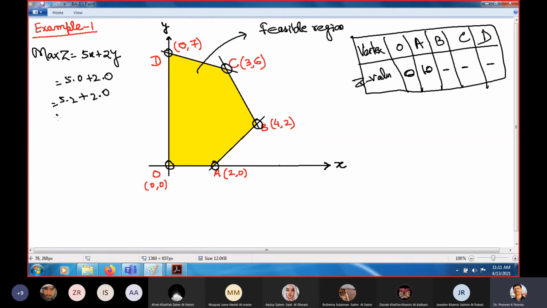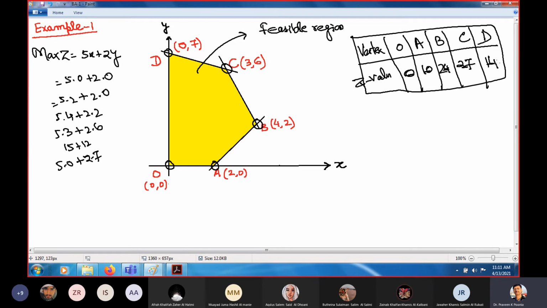B: 4, 2. 5 into 4 plus 2 into 2: 20 plus 4, it is 24. Now C: 3, 6. 5 into 3 plus 2 into 6: 15 plus 12, 27. D: 5 into 0 plus 2 into 7, 14.